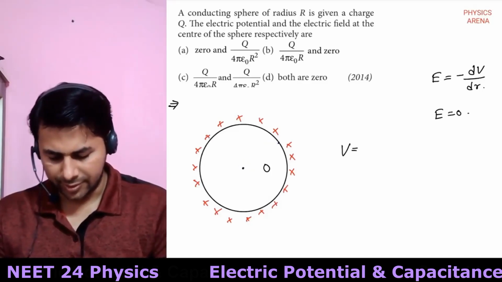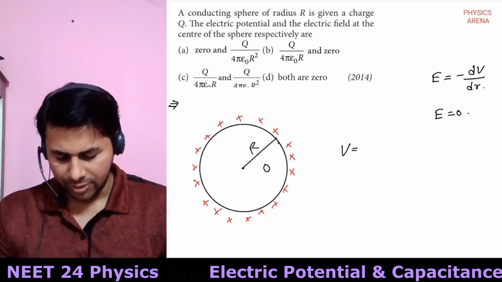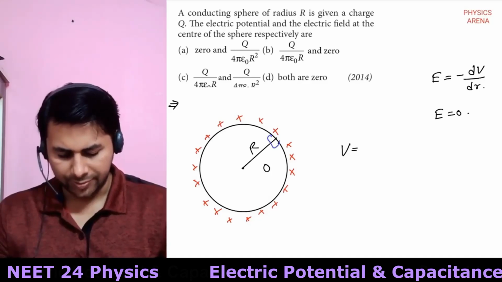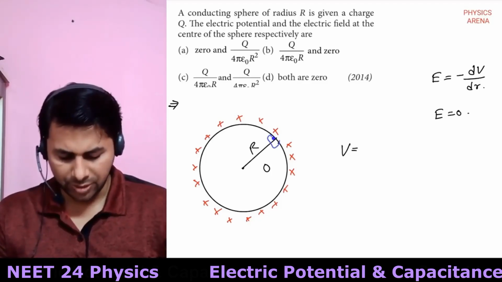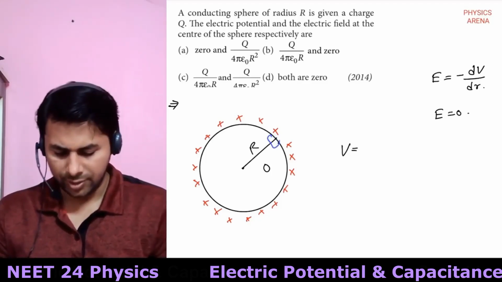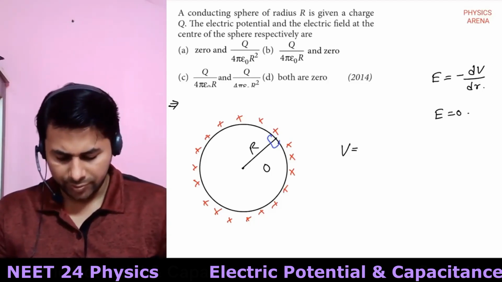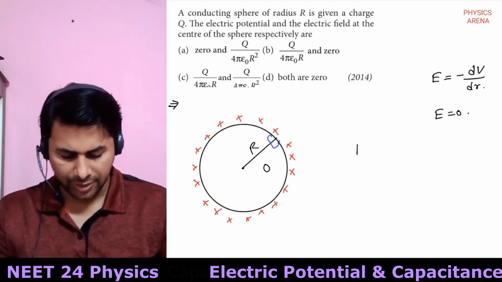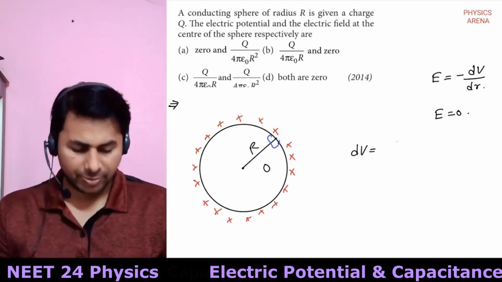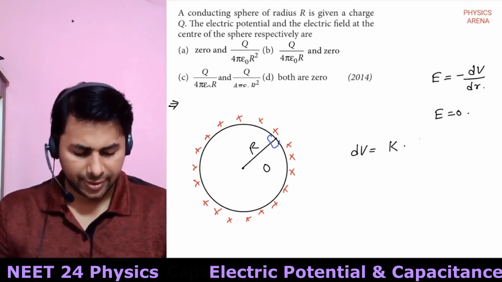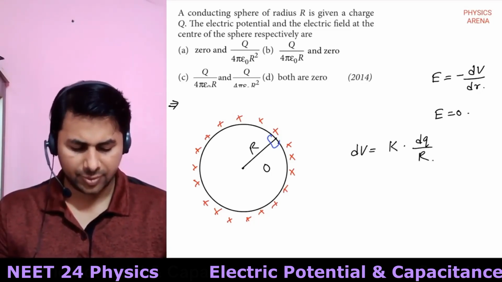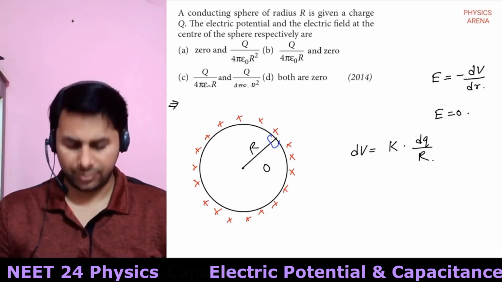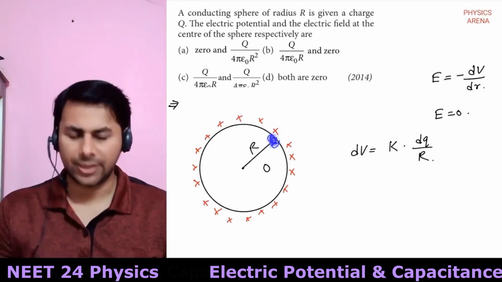It is R. If you take some small charge dq here, the potential due to that small charge is dV equals 1 upon 4 pi epsilon naught, or k times dq by r.